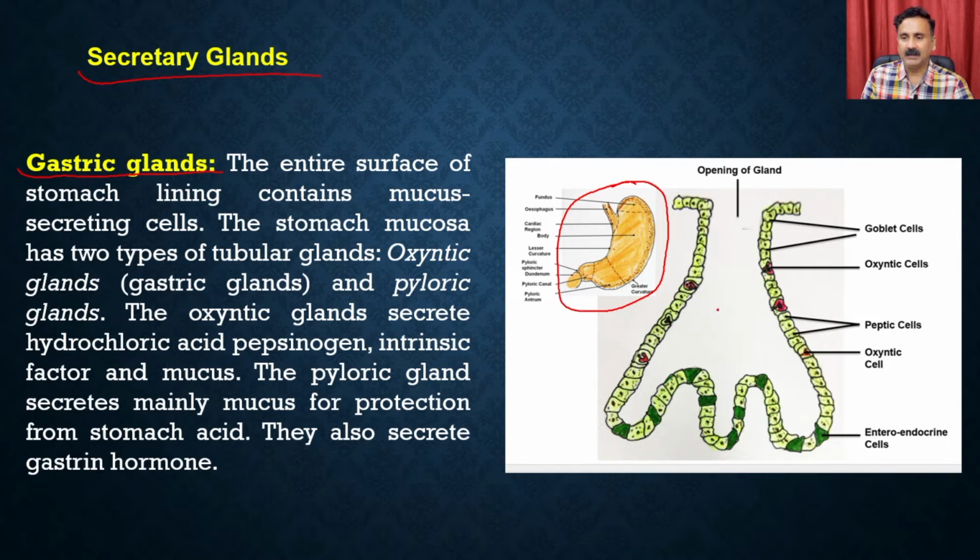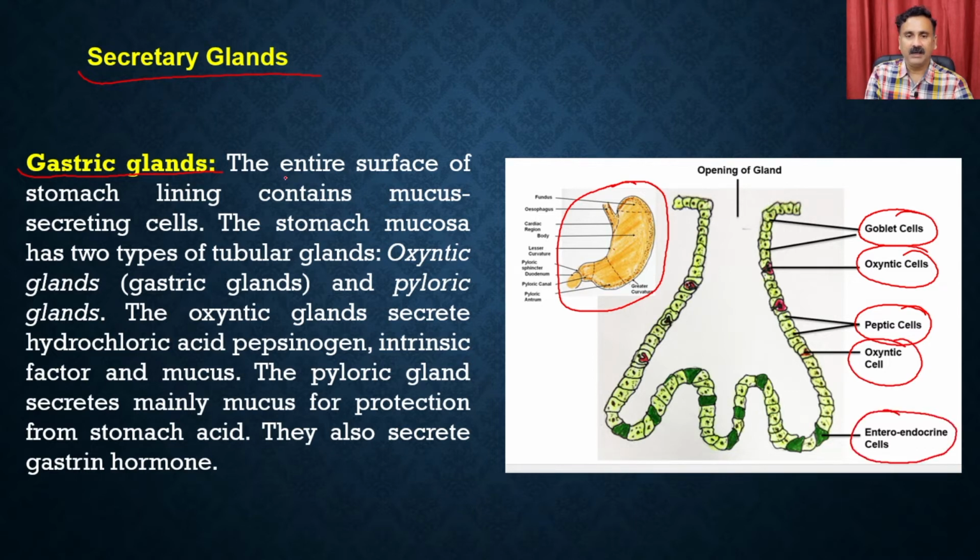The gastric glands are composed of the mucous neck cells, oxyntic cells, peptic cells, and the enteroendocrine cells. The entire surface of the stomach lining contains the mucus secreting cells. The stomach mucosa has two types of tubular glands, the oxyntic glands or the gastric glands and the pyloric glands.